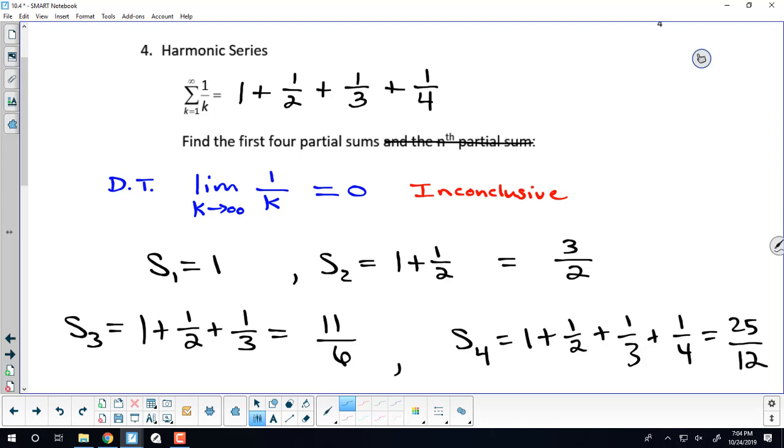So the divergence test was inconclusive, but what it does show us is that what? Well, not quite. If the kth term of this series is approaching 0, then what do we know about the terms? They're getting smaller and smaller, right? Because we're literally just computing the limit at infinity on the kth term of that series.